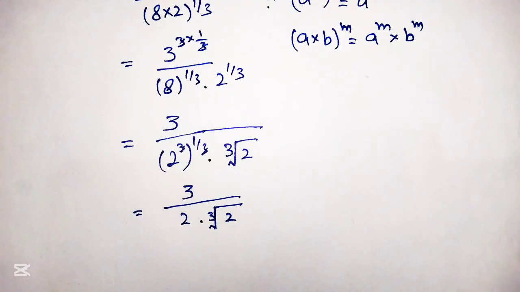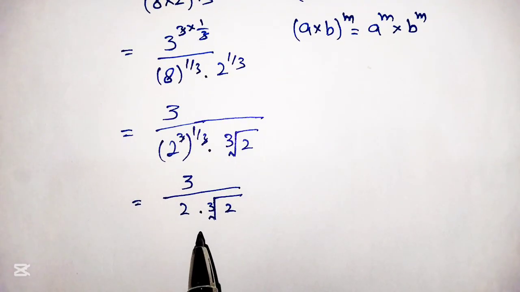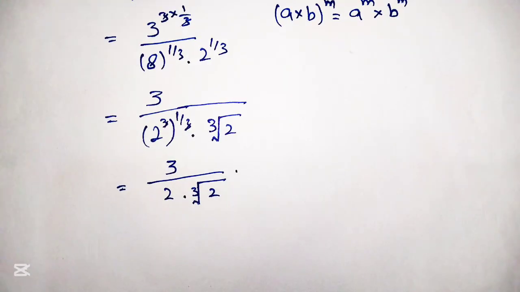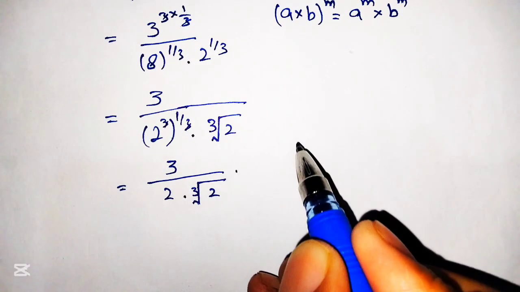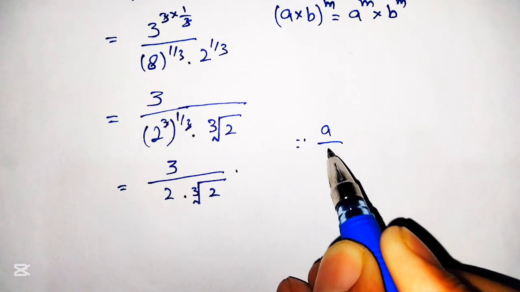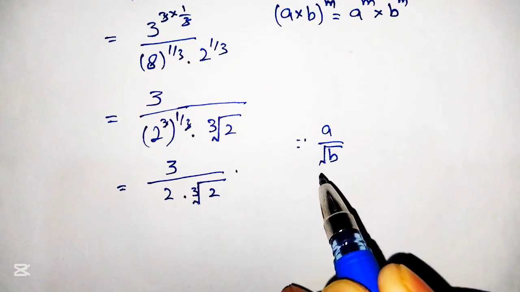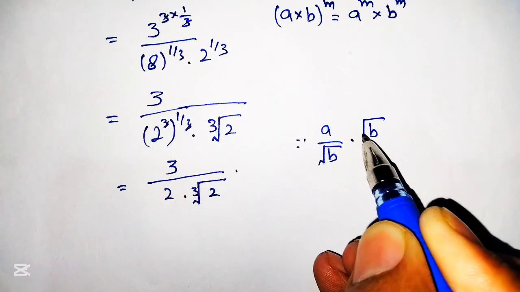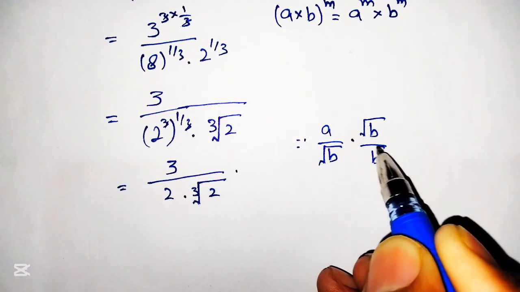Now we will rationalize this to get the final answer. In normal square root form, if we have a over the square root of b, then we can rationalize it by multiplying and dividing by the square root of b on both sides.